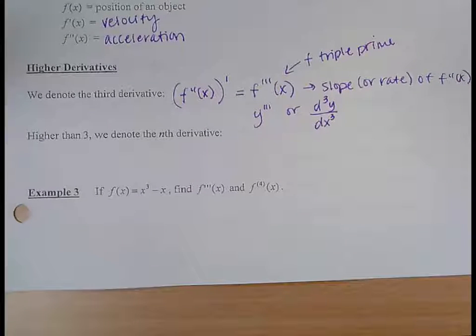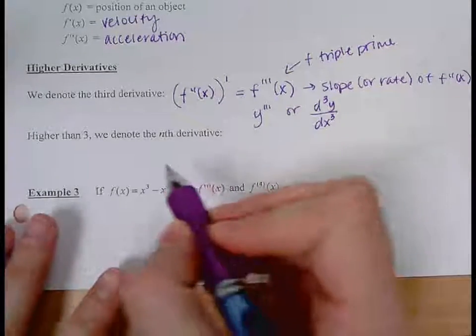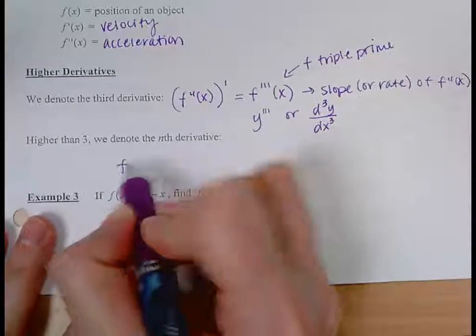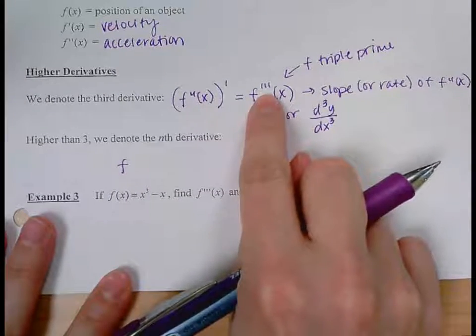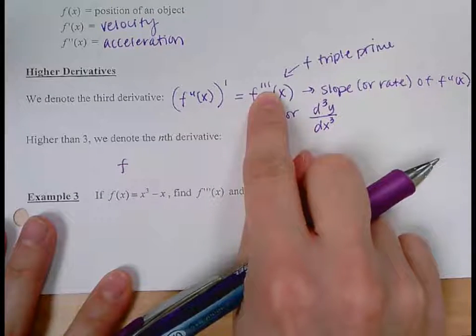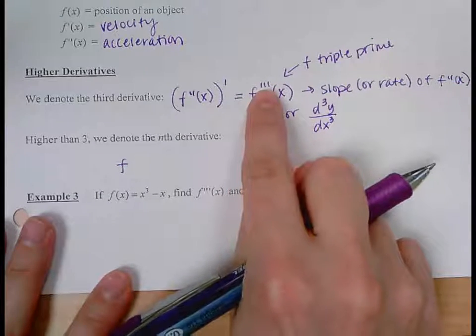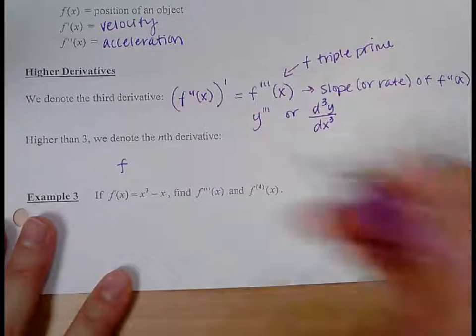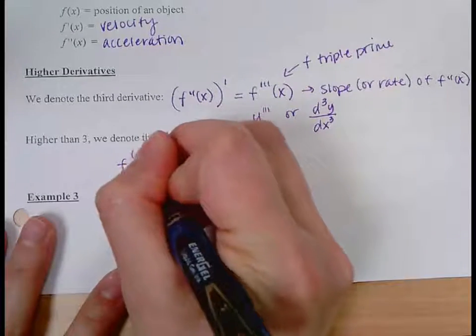And then if you have a derivative higher than 3, these are now notated this way. So rather than continuing to add marks, 3 is the highest you go with marks. After that, for example, well, I'll write this in the general case.